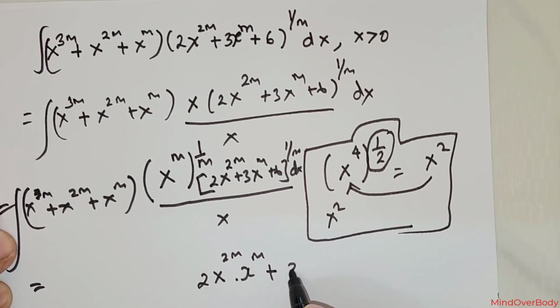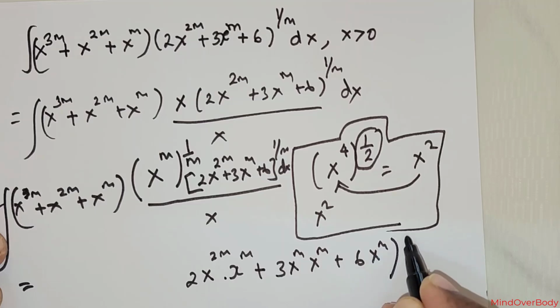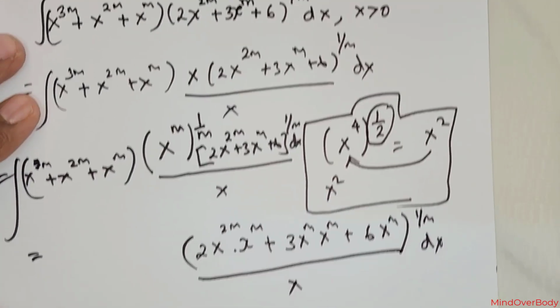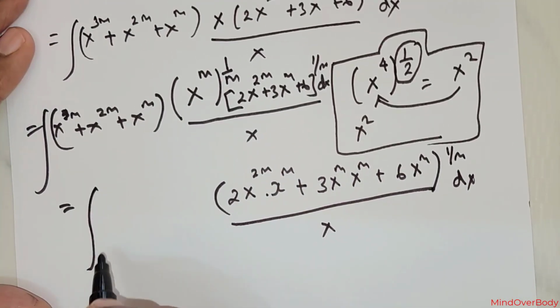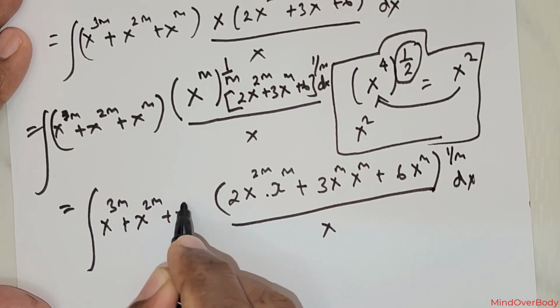So this is followed by 3 times x raised to the power of m times x raised to the power of m, positive 6 times x raised to the power of m. The entire component is raised to the power of 1 over m, and this is divided by x, and you have a dx there. And this is equal to x raised to the power of 3m, positive x raised to the power of 2m, positive x raised to the power of m.